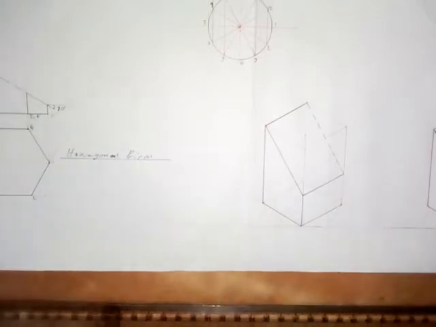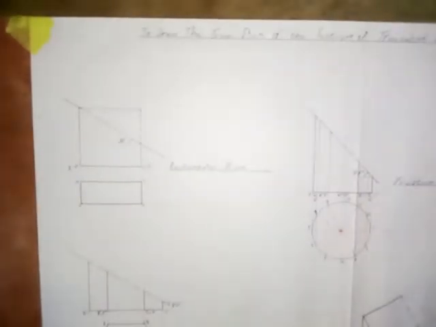Okay, now whenever we are asked to produce the true shape of the section of a truncated solid, what we usually draw on our paper is the orthographic view of that solid.